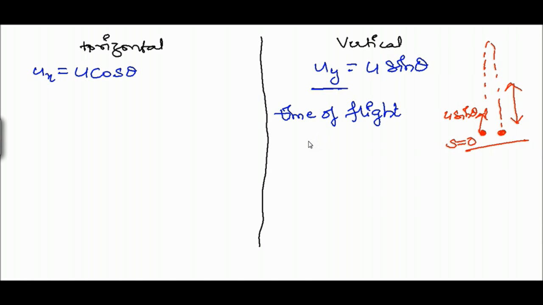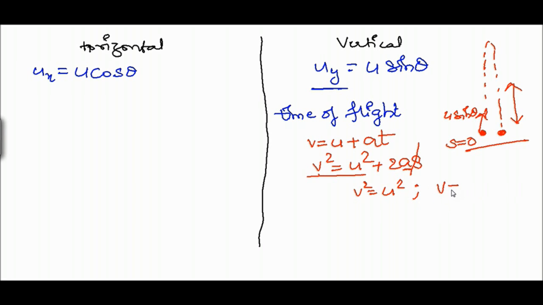Taking the first law of motion, v = u + at, and the second law, v² = u² + 2as. Here a is significant, however s being 0, we have v² = u², that implies v = -u.